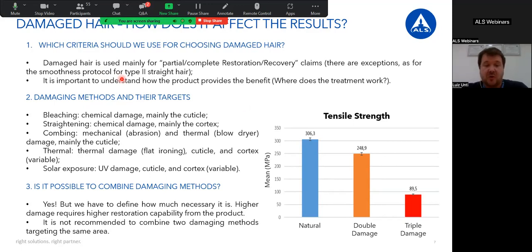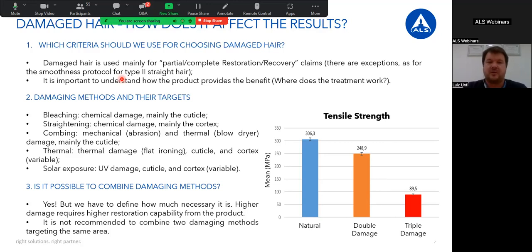The third one will be the combing, where we combine mechanical and thermal damage due to the several combing and the blow drying during the process of repeated combing. But due to the abrasion, which is the most important part of the damage, it will affect mainly the cuticle. The fourth one is the thermal damage, where we basically use the flat iron, and it will damage both cuticle and cortex.